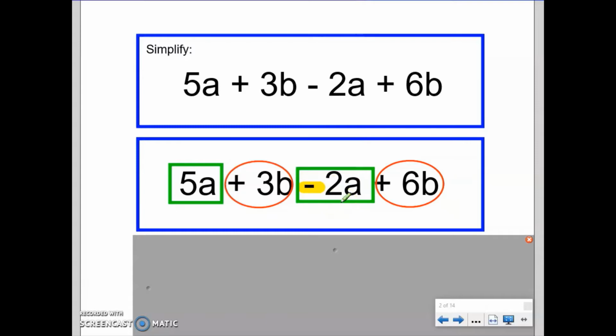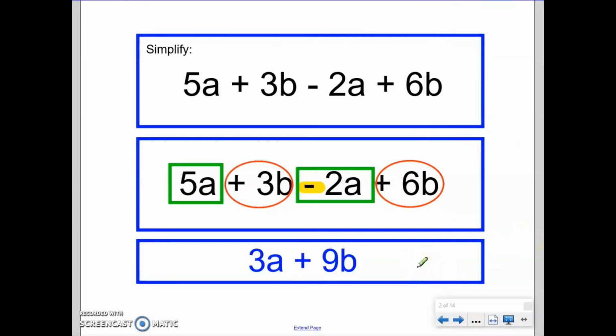Then if I look at the red circles, I've got positive 3b, and I'm going to add on 6b. It's going to take me to 9 b's. So my final answer looks like this. So again, I do not put these together to end up with 12ab. Because I'm dealing with separate letters, I keep the a's and the b's separate.